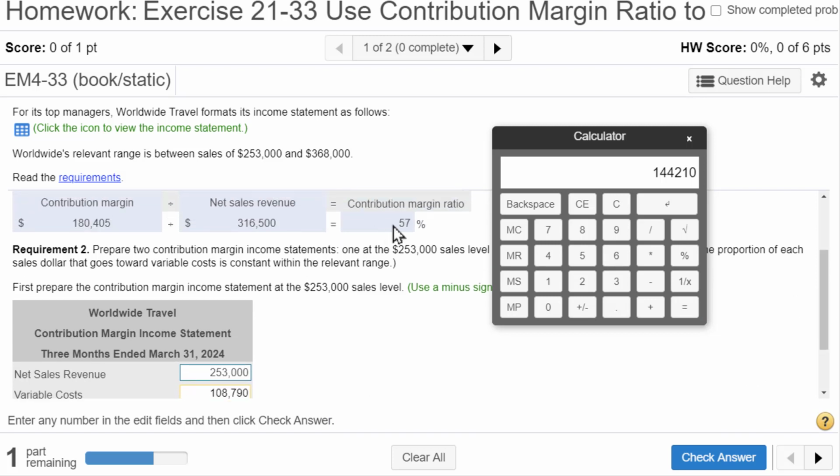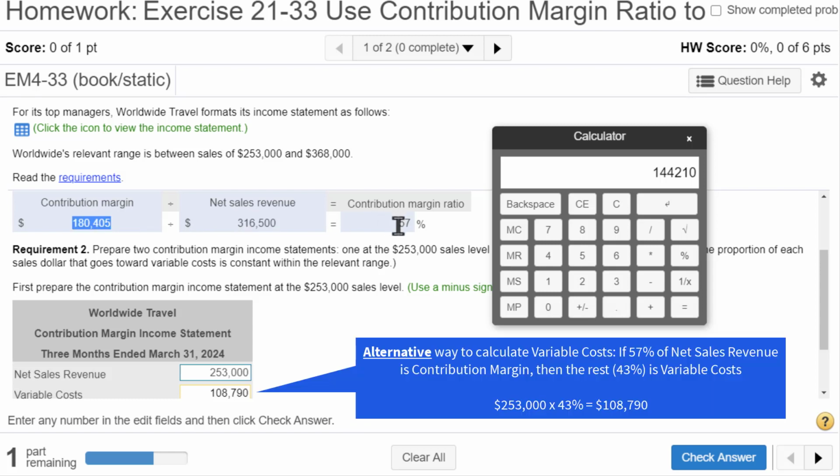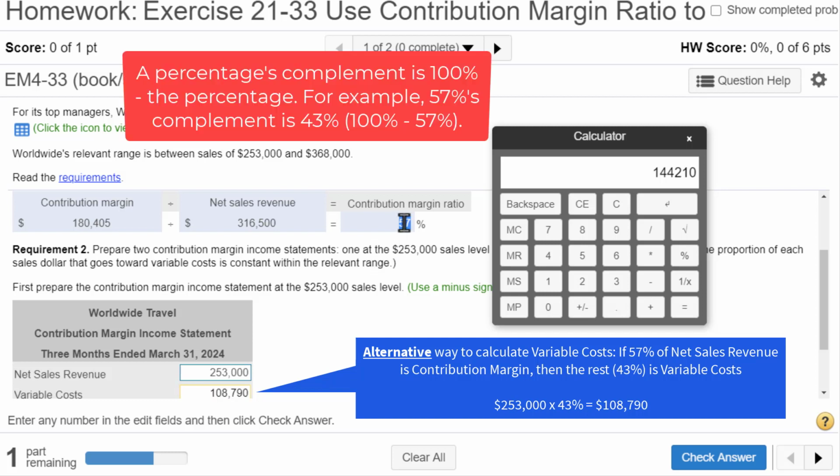So this contribution margin ratio says that 57% of the net sales revenue is contribution margin. Well, if you take the complement of 57%, that's the variable cost. The way you find the complement of 57% is you take 100% and subtract 57.